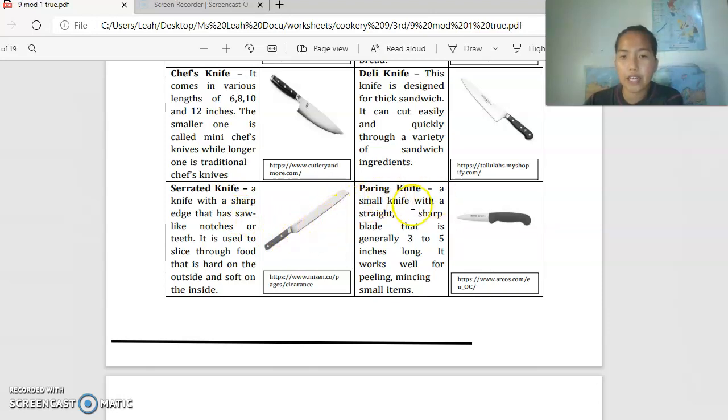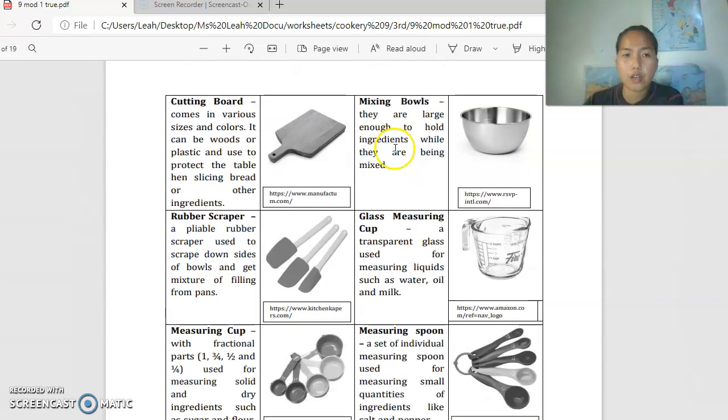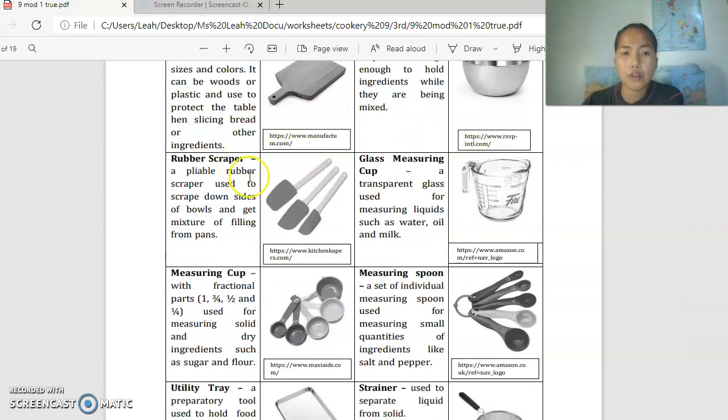Paring knife used for peeling or mincing small items. The paring knife is small. We have here the cutting board, mixing bowl, rubber scraper used to scrape down the sides of the bowl when mixing, and a glass measuring cup used for liquids.